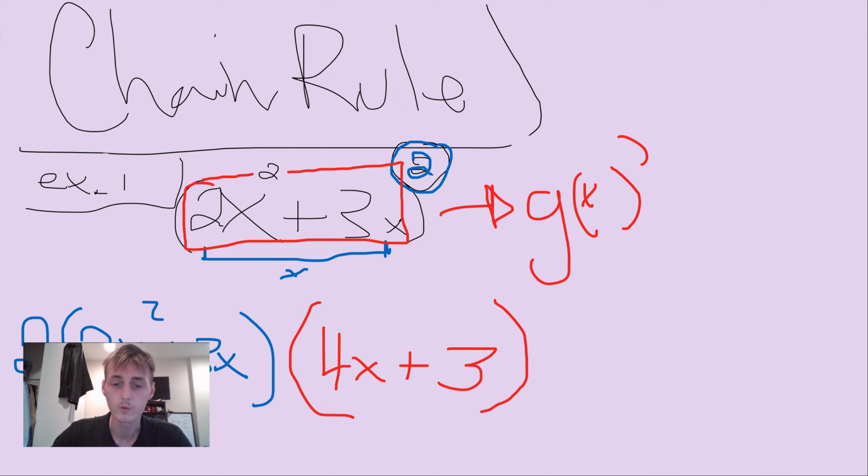And here is your chain rule. Multiply the 2 and you'll have your result.